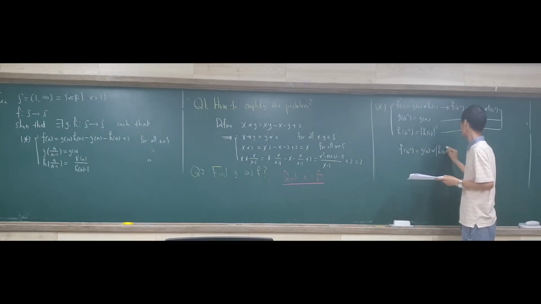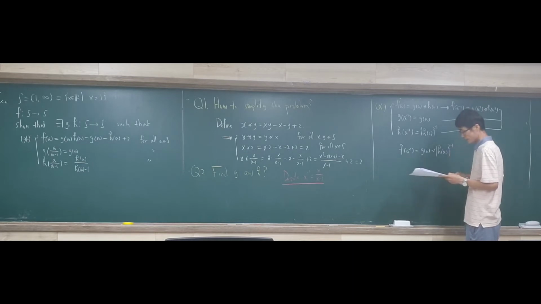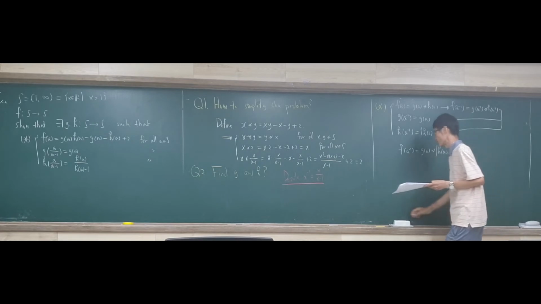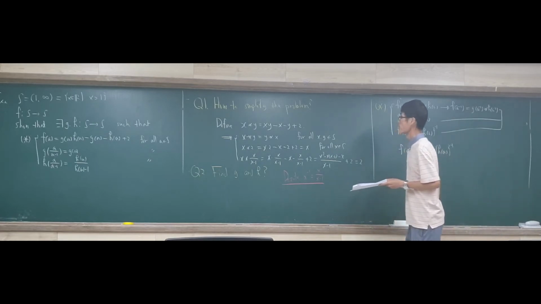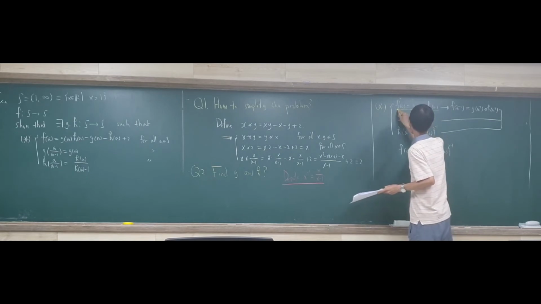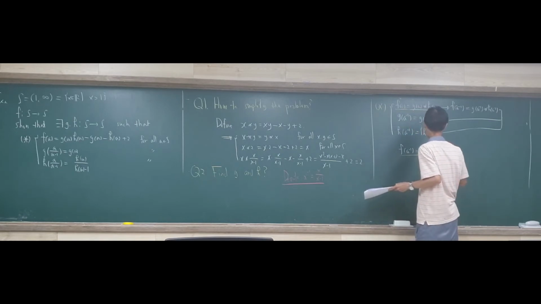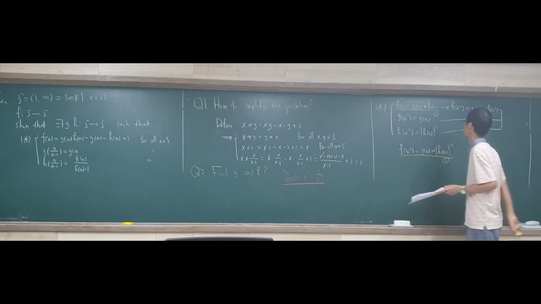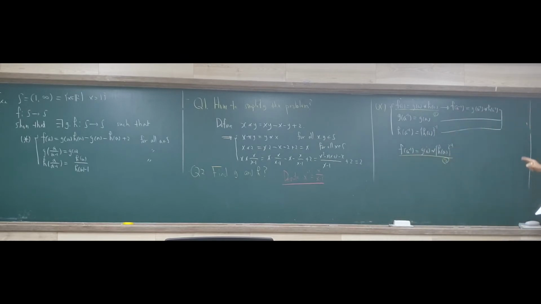Okay. So we have two equations. Let's denote this equation by 1 and this equation by 2. So the first equation and the second equation should be interacted to get our result.